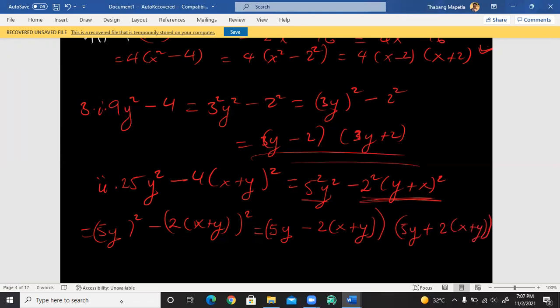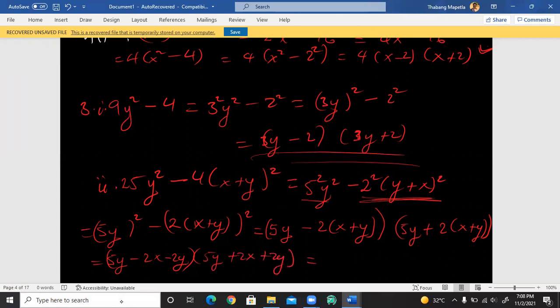And that will be your factors. Maybe you can further simplify by removing brackets. First bracket, you're going to have 5y minus 2x minus 2y. Second bracket, you have the same thing, 5y plus 2x plus 2y.